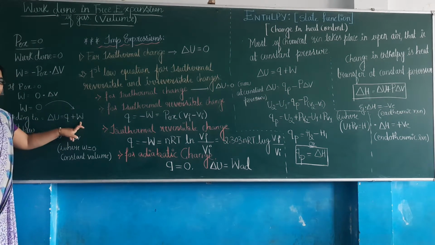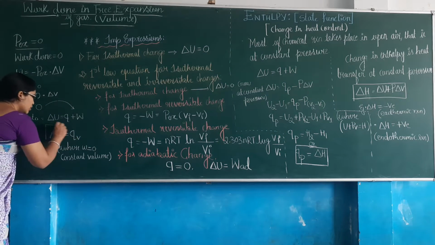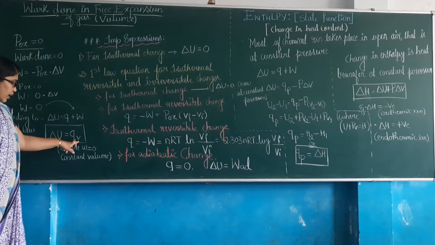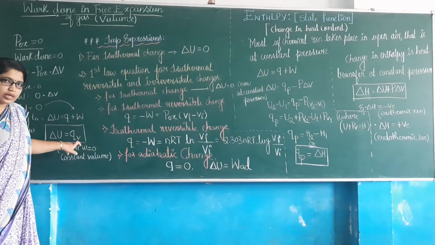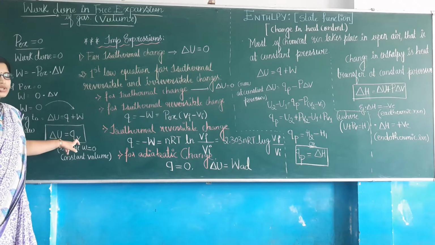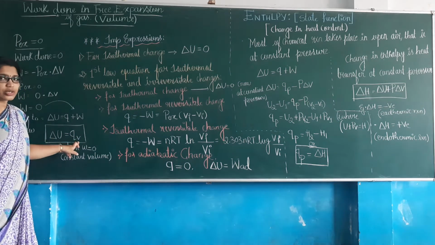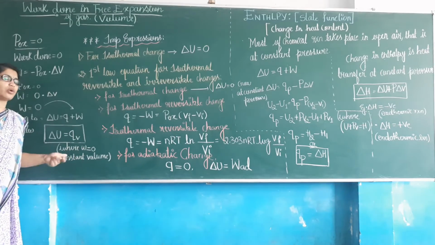So I can write here delta U is equal to Q plus W. Just by introducing the value of W as 0, I will be getting delta U is equal to Q into V. Why have I mentioned Q into V? It is the change of heat energy with respect to constant volume. V represents that it is with respect to constant volume.